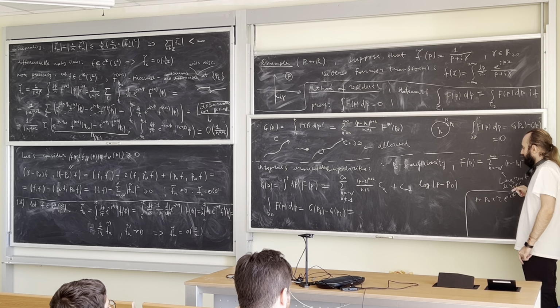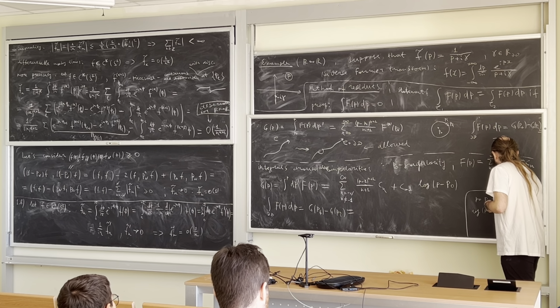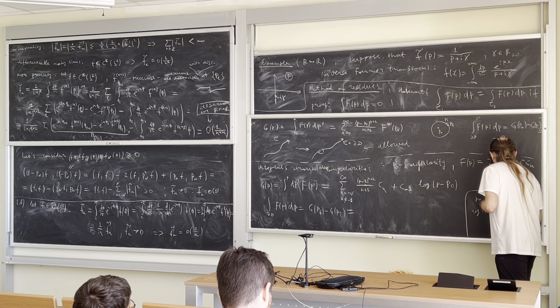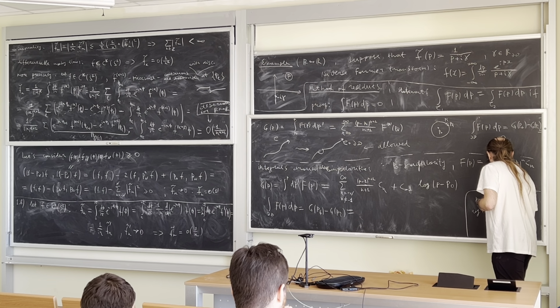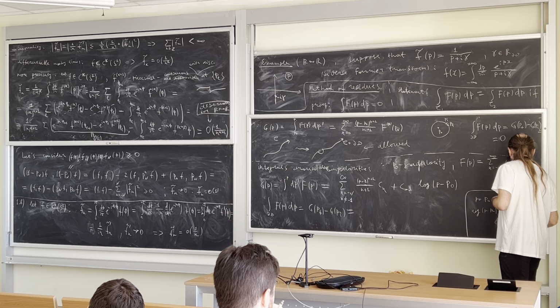But yes, in this exponential representation, log of p minus p0 is log of r, which does not change, plus i phi, and this phi goes from 0 to 2 pi. So phi initial is, for example, 0, or maybe better to write that phi final is phi initial plus 2 pi.